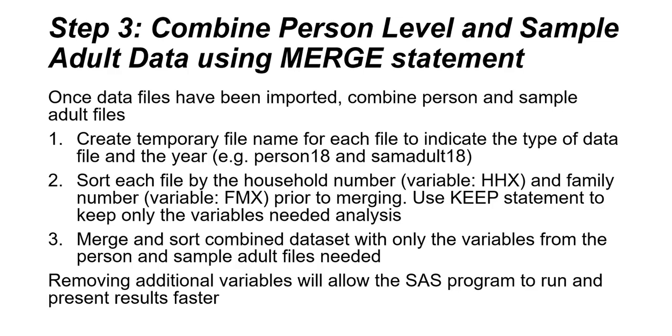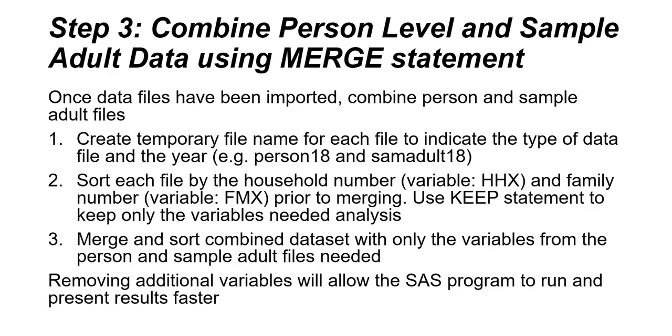This is very helpful if you use multiple years of NHIS data. So you may want to call it person 18 and sample adults or adult 18. Then you need to sort each file by the household number as well as the family number prior to merging. You can also use a keep statement to keep only the variables that are needed for the analysis.